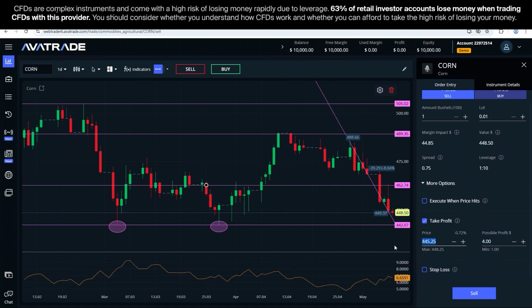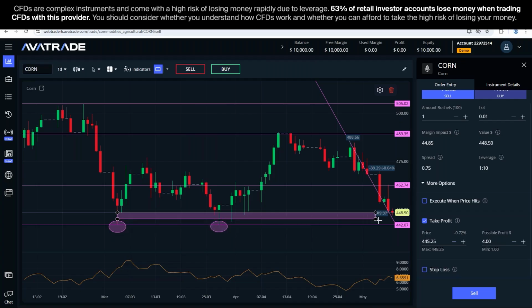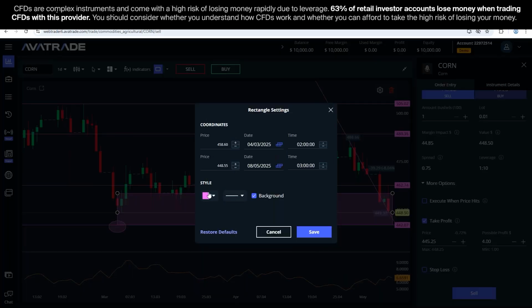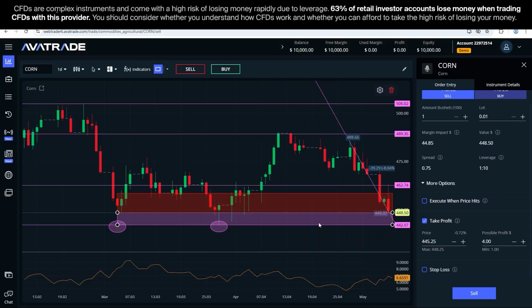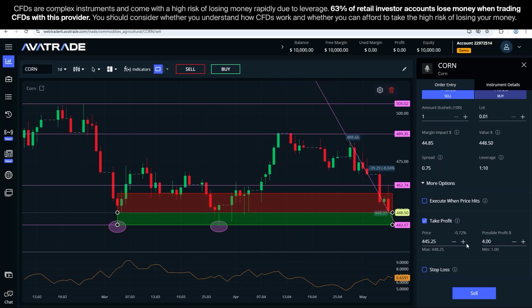This time we're going to set a value which is lower than the price. As we said, in a buy scenario, our intention is that the value will increase. And in a sell scenario, our intention is that the value will decrease. In this case, our loss area will be higher and the take profit will be lower.